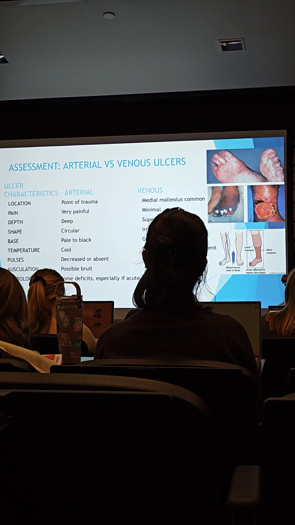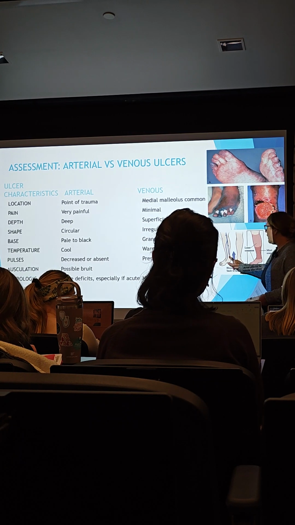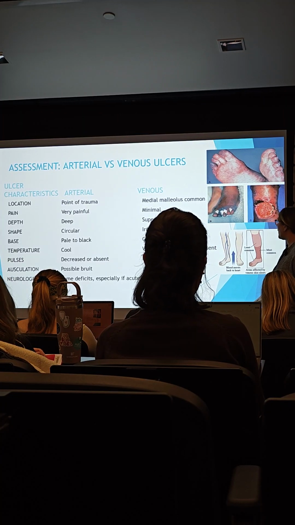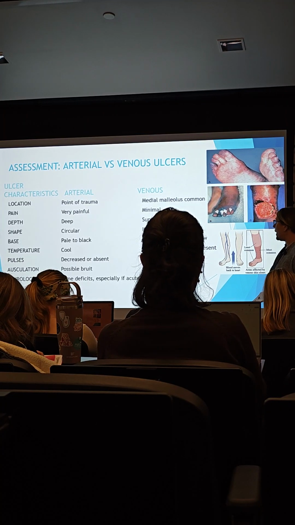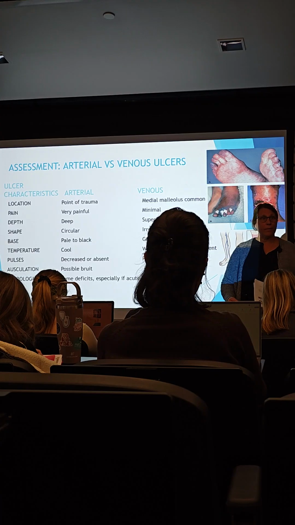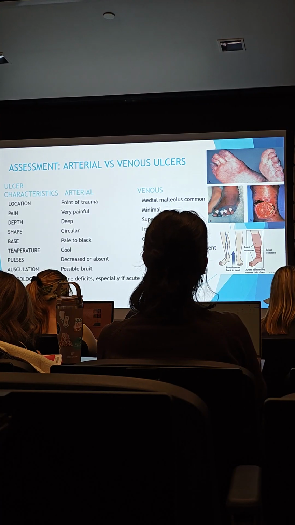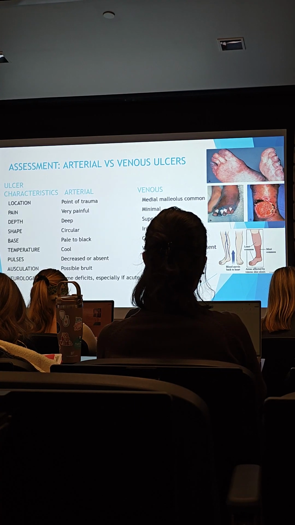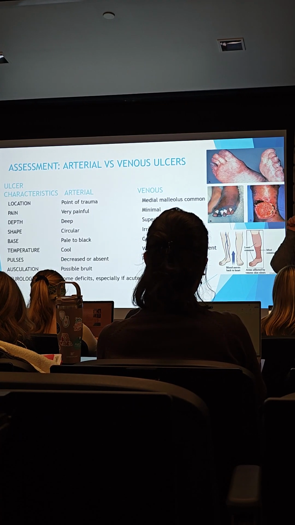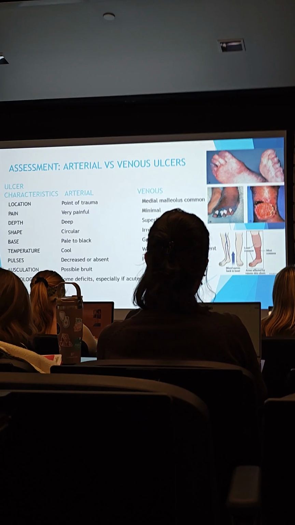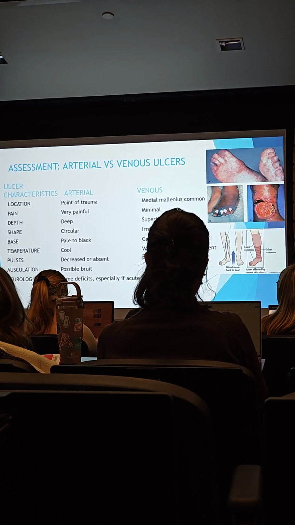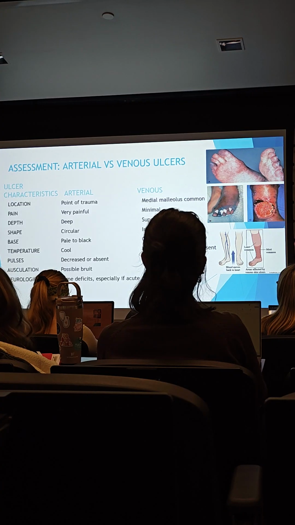Venous, the most common area is the medial malleolus area, so we're checking that in our patients with venous wounds. There's neural pain. The depth is superficial versus deep with the arterial, and the borders are irregular versus that nice circular wound with arterial. The granulation is red to yellow, so we have seen that yellow.